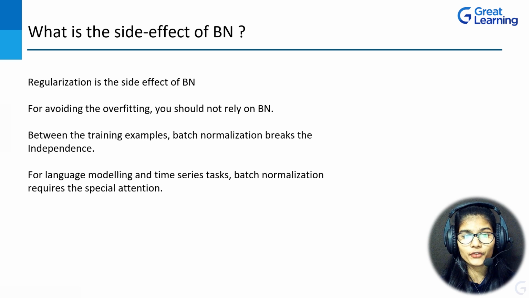And for language modeling and time series tasks, batch normalization requires special attention. So these are the four most important side effects of batch normalization which I mentioned here, right? So I hope I am very clear about what the side effects are.